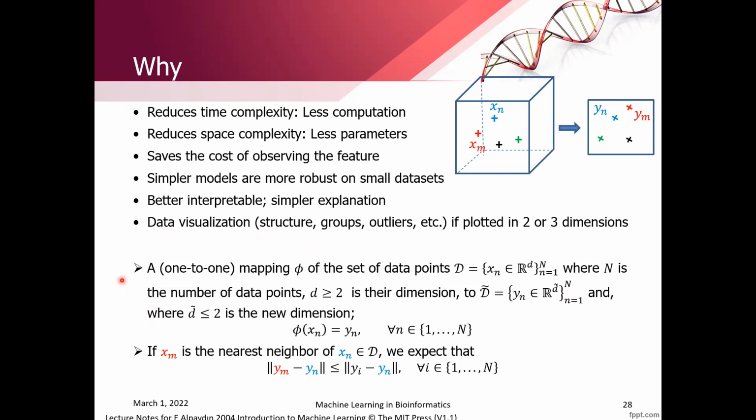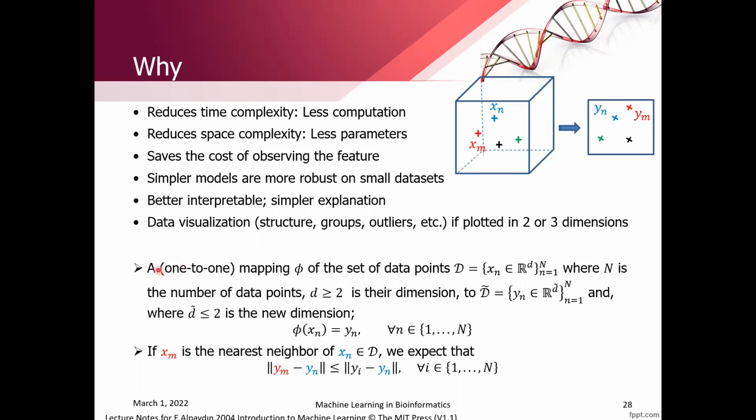In general, we would like a mapping which will map the original data, the original observation, which has many attributes, to some other data with a lower number of attributes.